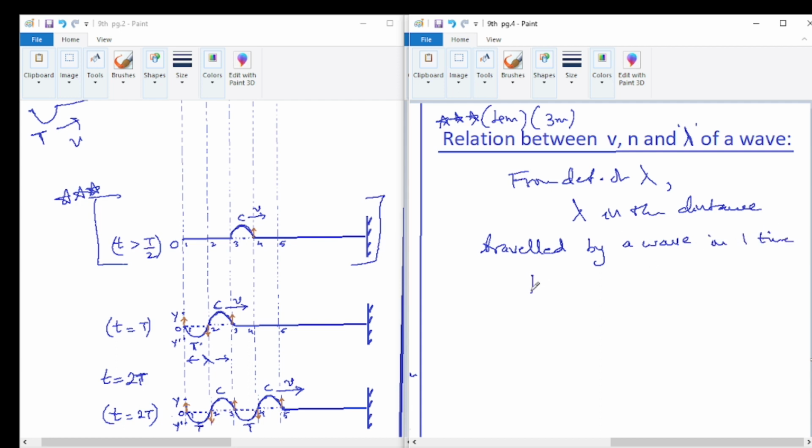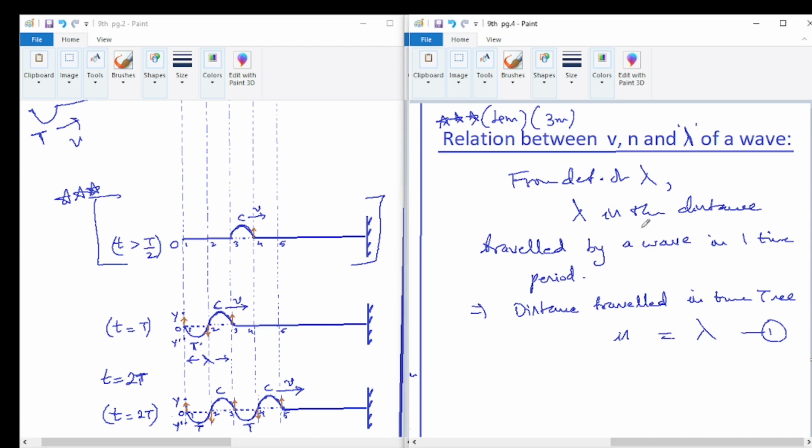So from the definition, we get a very simple thing. What is the distance traveled in time of one time period? It's equal to lambda. So distance traveled in time t seconds is equal to what? It's nothing but lambda. Call this equation 1.